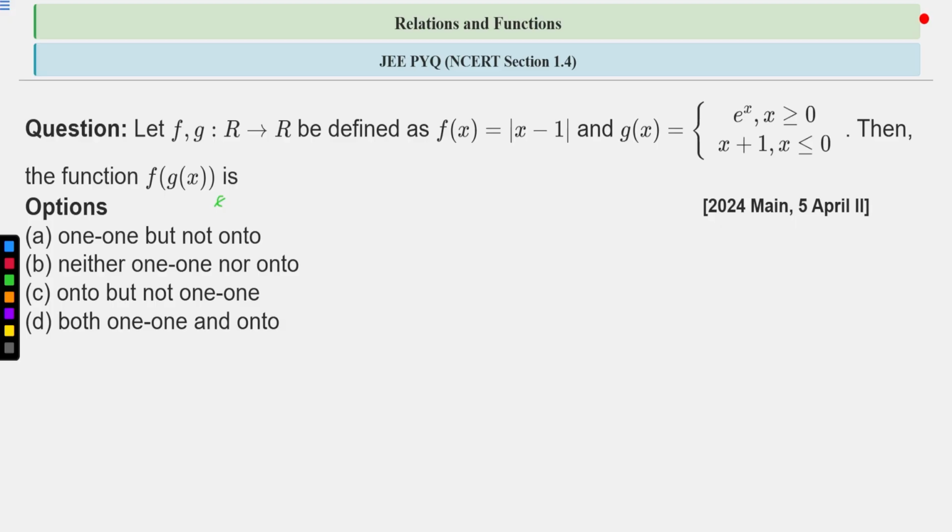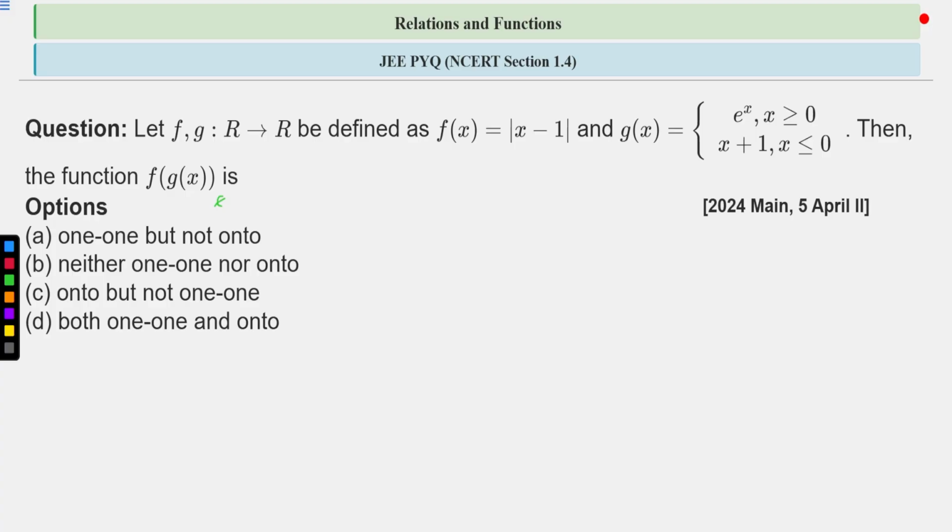So see, what are the properties of one-one and onto? For one-one, we can easily draw the graph of the function. After drawing the graph, we will draw a line parallel to the x-axis, and if that line is cutting the curve at one point, then we can say that the function is one-one.